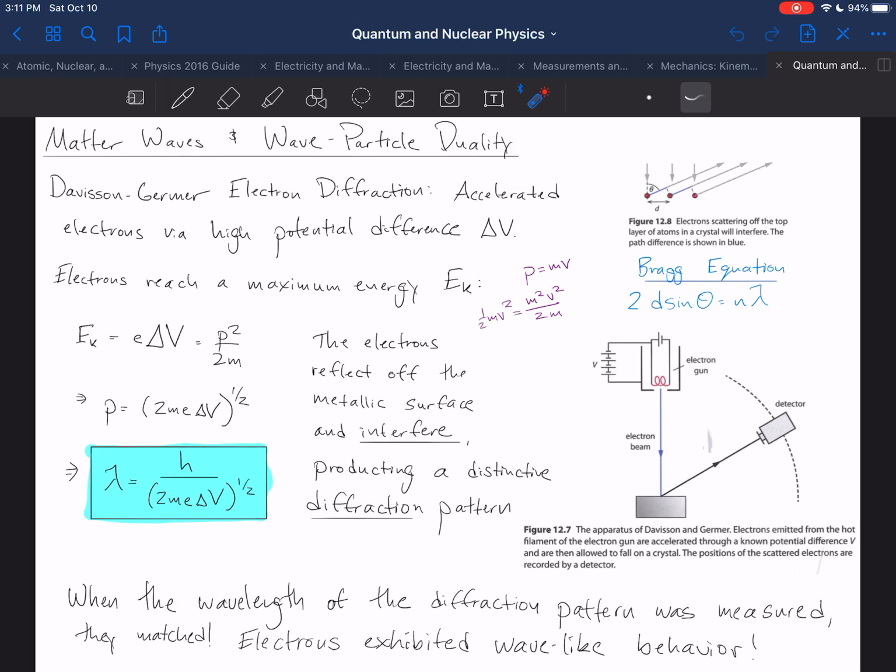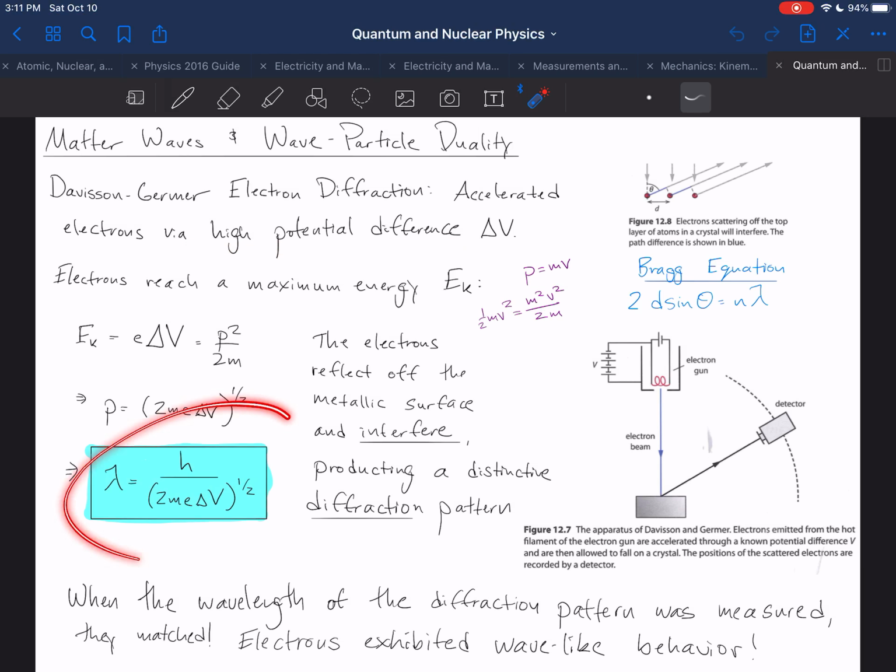Okay, so that's pretty cool, but from that pattern, you can use what's known as the Bragg equation, which you don't need to know how to use, but should be semi-familiar, to find the wavelength. So we take that wave-like pattern, it's obviously an interference pattern, and we measure the wavelength of that pattern. And finally, the real unbelievable aspect of this experiment is that you know what momentum those electrons have because of how you're accelerating them via a high potential difference.